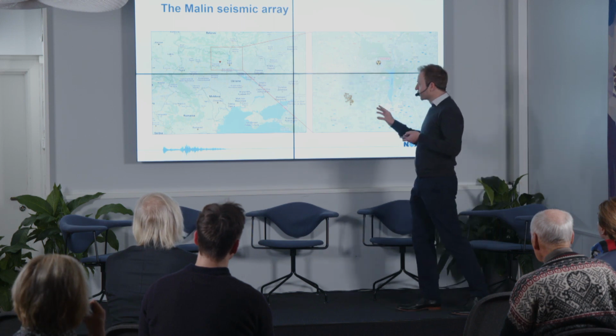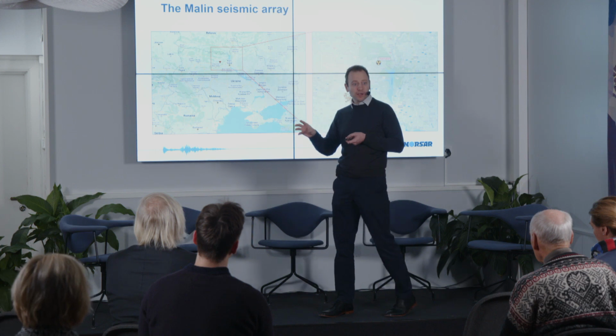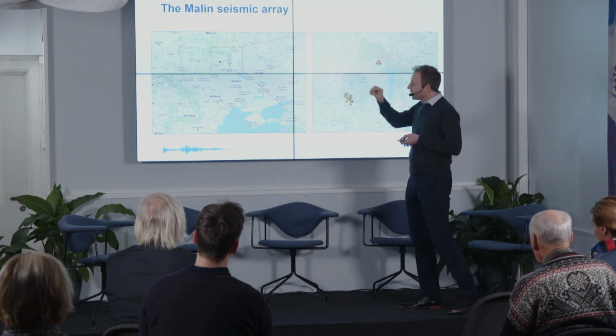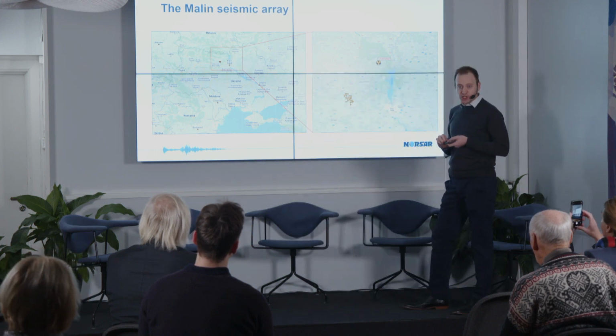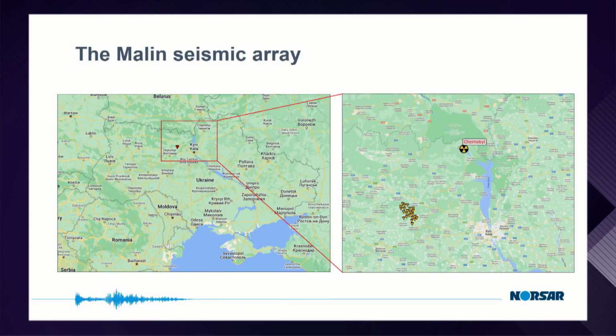So back to our problem of being able to detect exactly what is happening, where and when within Ukraine. Well, if we zoom in to this single station around Kiev that happens to be in this international network, we can see it's not one station, but 25 different sensors.